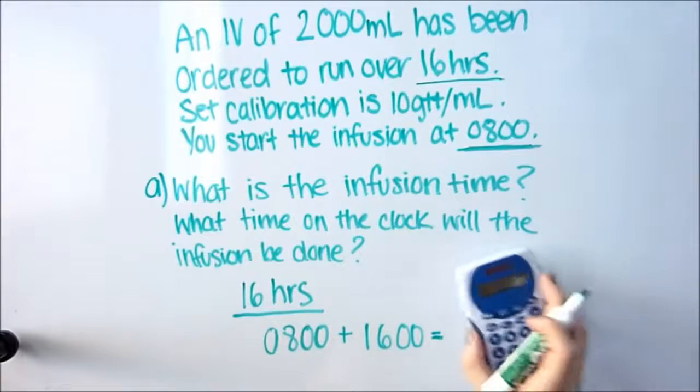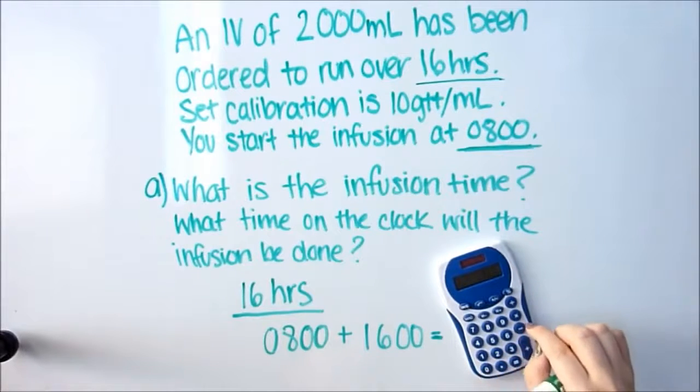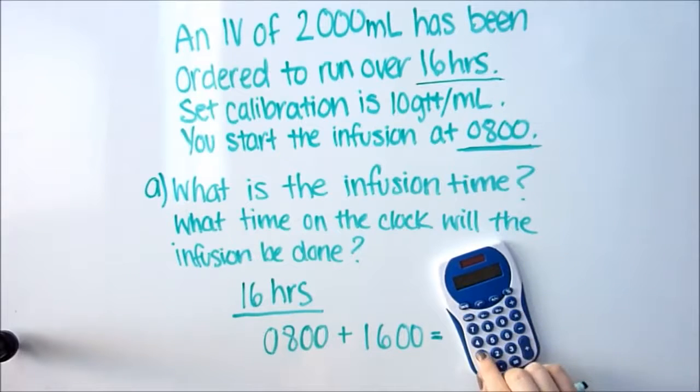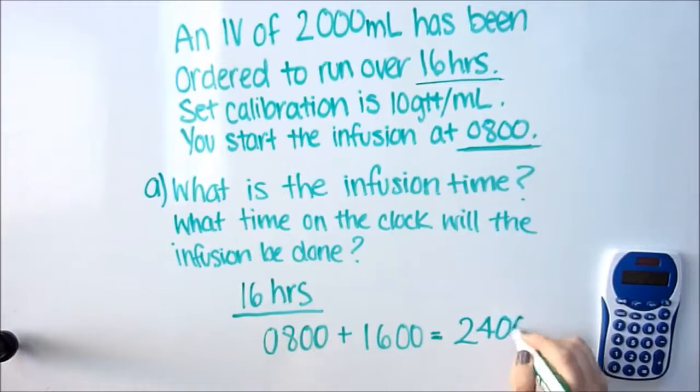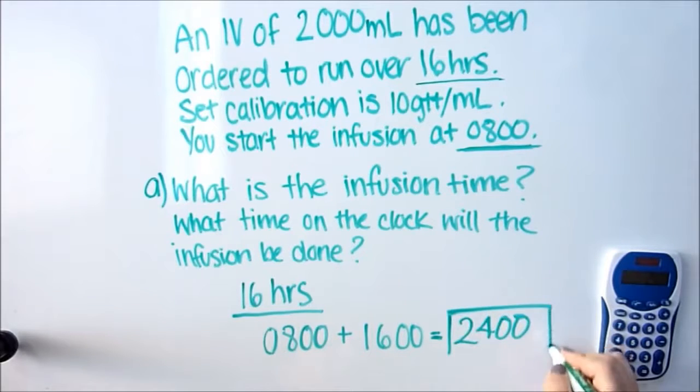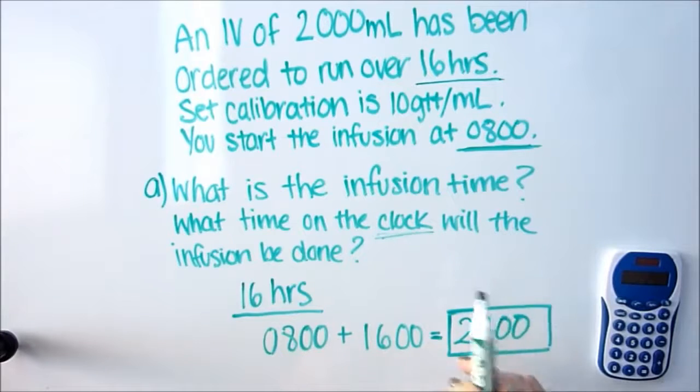And we're going to put that on our calculator. So 1600 plus 800 equals 2400. And that is midnight. So that is the time on the clock that the infusion will be done.